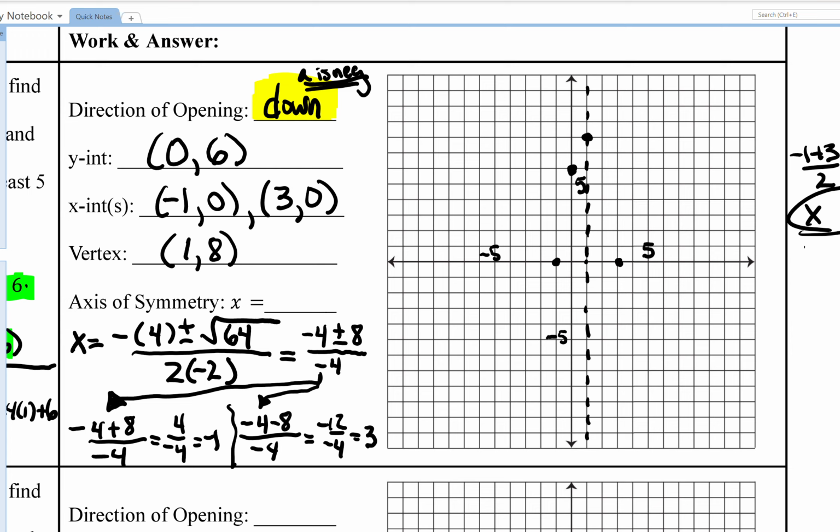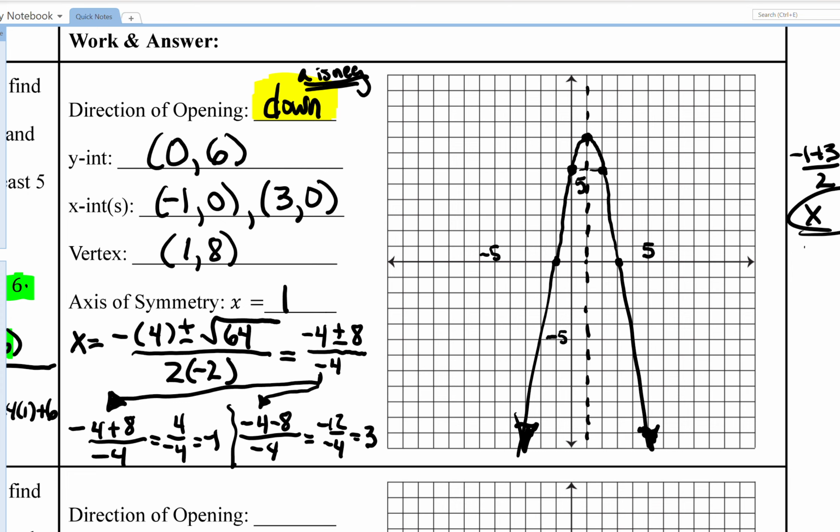Because of the axis of symmetry, I can go over 1 point away here and get that point. The axis of symmetry, again, is x equals 1. Then I can graph the curve: it goes up there, a little curvy on the top, comes down, and then it's going to come down in this direction, something more like that.